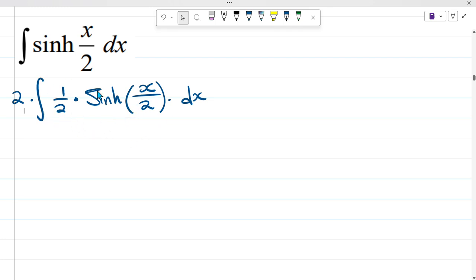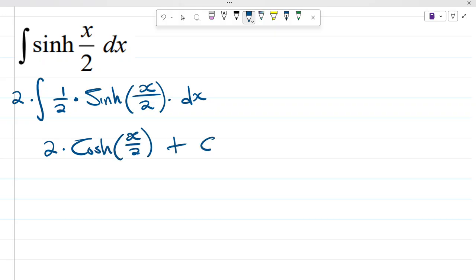You will realize that it is hyperbolic cos that was differentiated for you to get that one. Whatever is outside the integral always goes with you to the answer. So it's going to be 2 hyperbolic cos of x over 2, then plus c. Ta-da! You have your answer for that question. So that's just it.